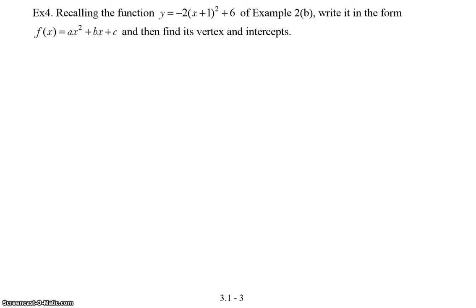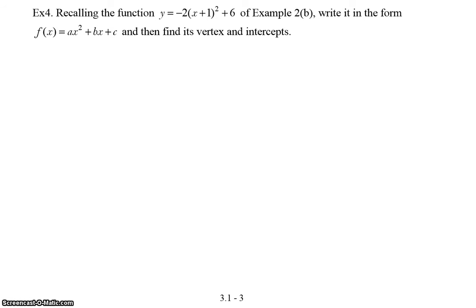However, to illustrate the use of the vertex formula and to show that it gives us the same result as what we obtained previously, we're going to rewrite this function in a different form and then use the vertex formula. So the first part of this problem is not something you would generally do, but it will just show how the vertex formula is connected to this previous example.